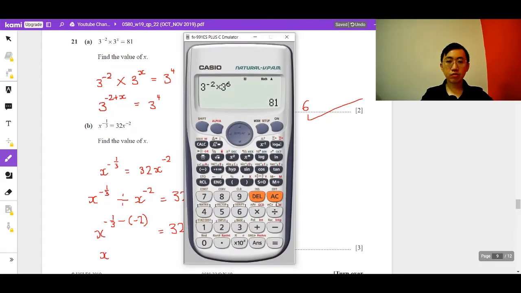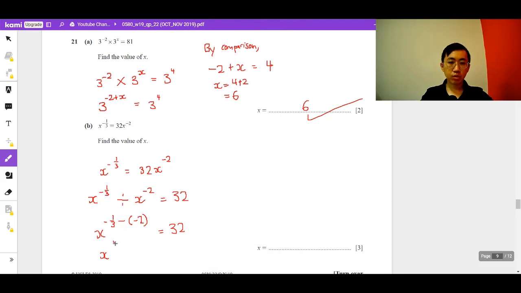Let's use the calculator for this. Negative 1 over 3, negative negative becomes plus, so plus 2. So I will write x to the power of 5 over 3 equals 32.